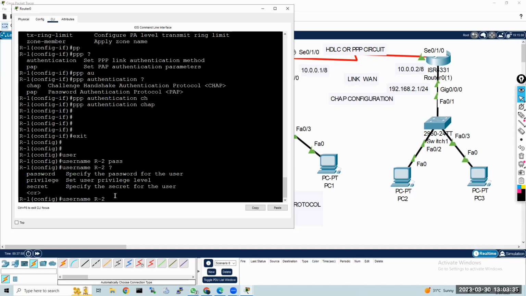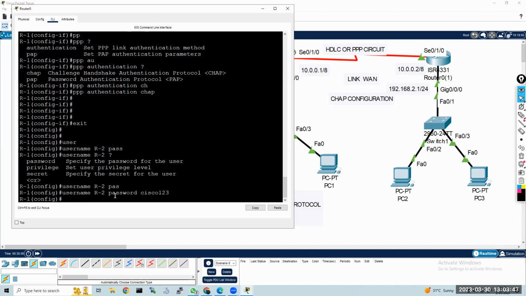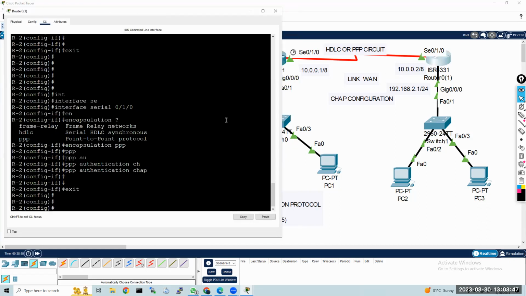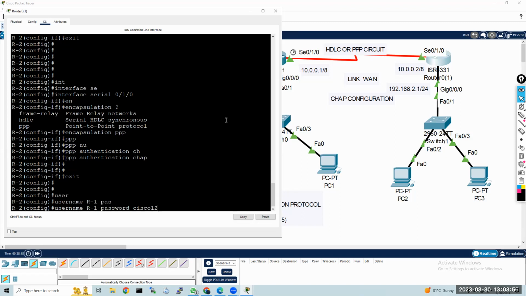I will give the password Cisco123. This is from R1, and I will give the same command in R2. Example, this is my R1, and the password is Cisco123.